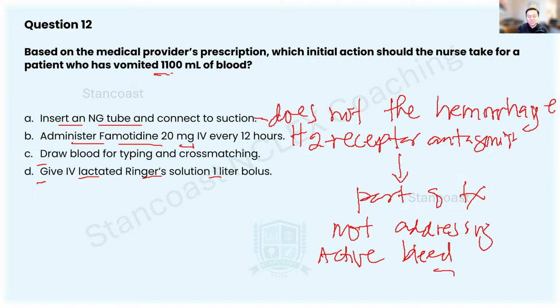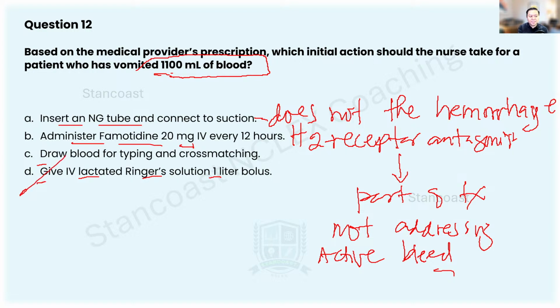This needs to occur first because the patient has massive blood loss. Imagine 1,100. This can really cause the blood pressure to go down fast. We need to give the bolus right now. All right. The cross-matching can happen after we have dealt with letter D.